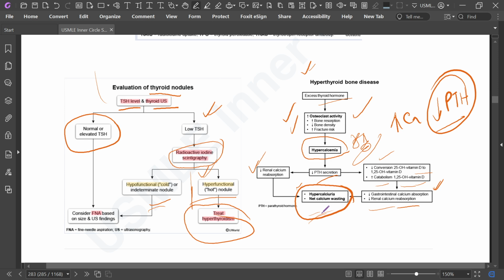So hypercalciuria and net calcium wasting. That's because low PTH will decrease renal calcium reabsorption and decrease GI calcium absorption.